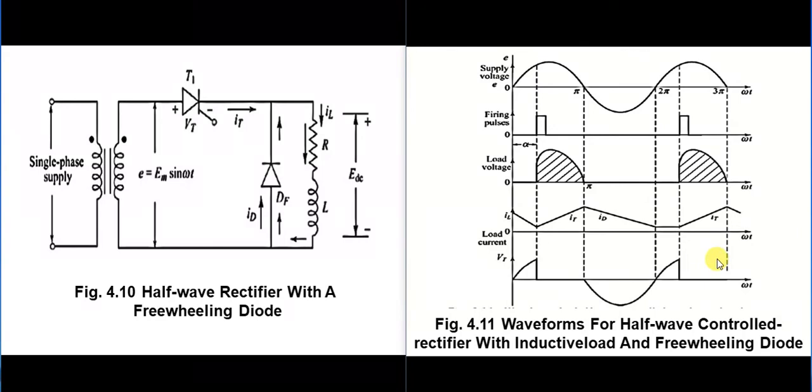So at the end of this, we can conclude the working of the half wave rectifier with a freewheeling diode, that the freewheeling diode prevents the negative flow of current back to the supply, and hence we do not obtain any negative voltage.